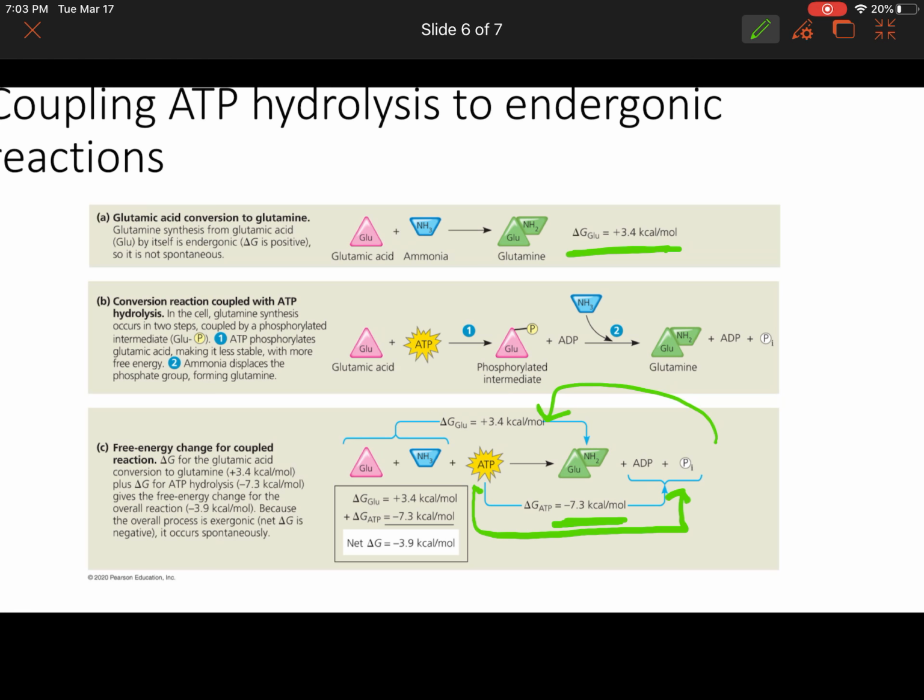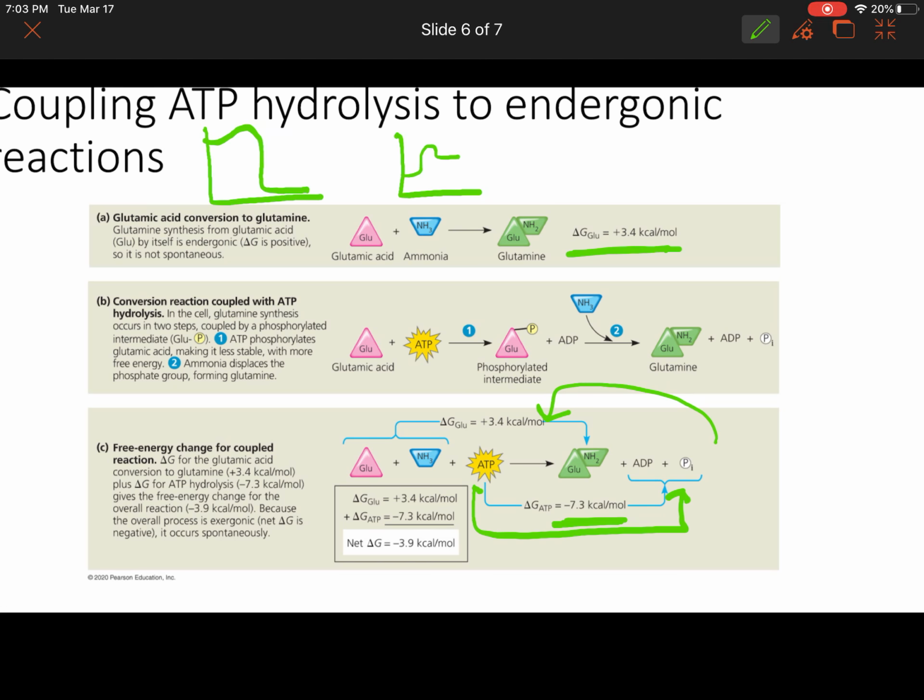So if we wanted to visualize that with our energy progress curves, here we have our hydrolysis of ATP linked to our synthesis of glutamine.